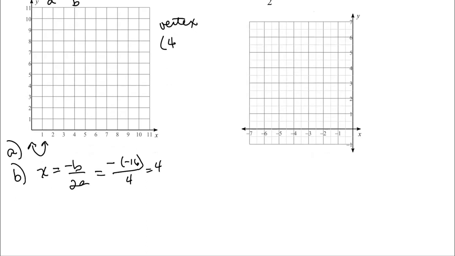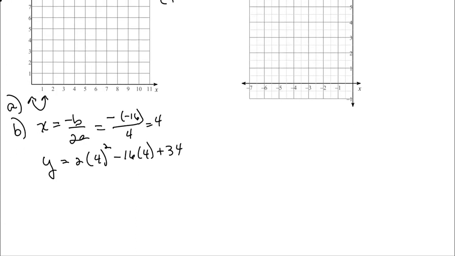Okay, so my x value is 4. Let's get your y value. Plug your x into this equation right here. y equals 2 times 4 squared minus 16 times 4 plus 34. So 4 squared is 16. 16 times 2 is 32.